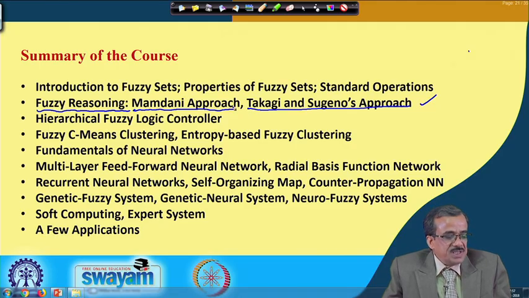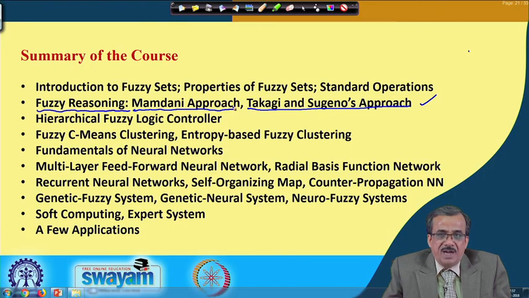Now, while discussing the fuzzy reasoning tool, we discussed that the complexity of a fuzzy reasoning tool depends on the number of linguistic terms we use to represent each of the variables. It also depends, definitely, on the number of variables.